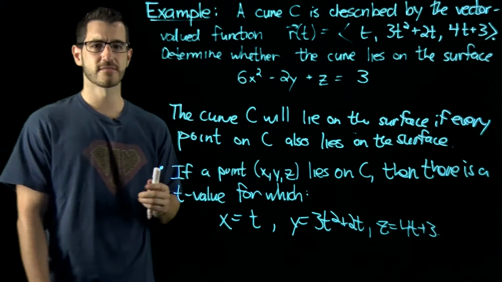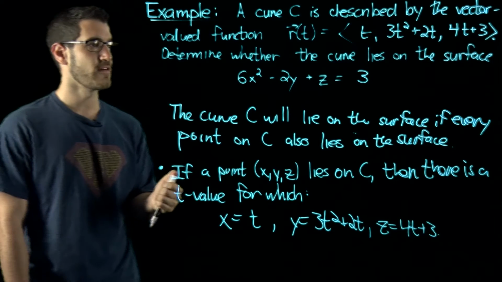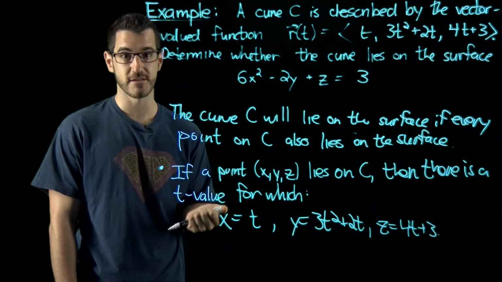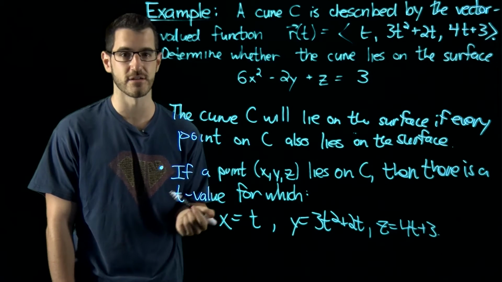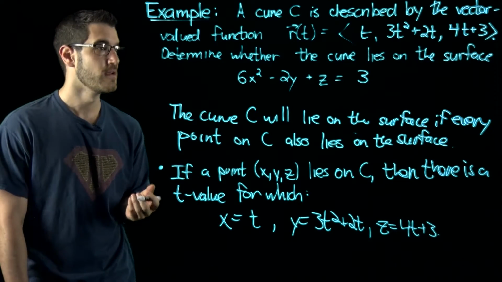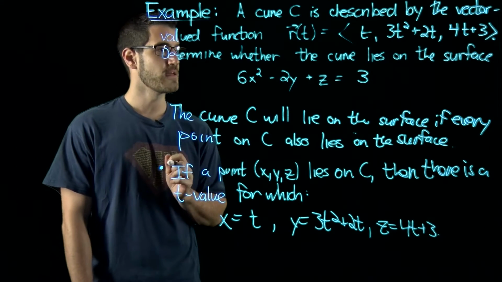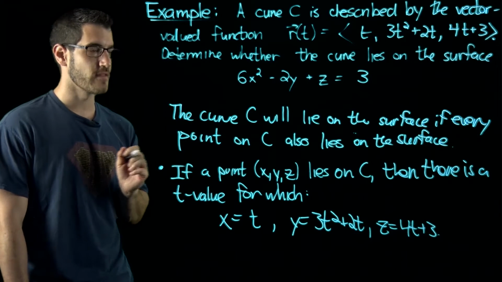Remember, we call this vector valued function R a position function because it gives the x position, y position, and z position of a point on the curve. So this is what it means for a point to be on the curve.